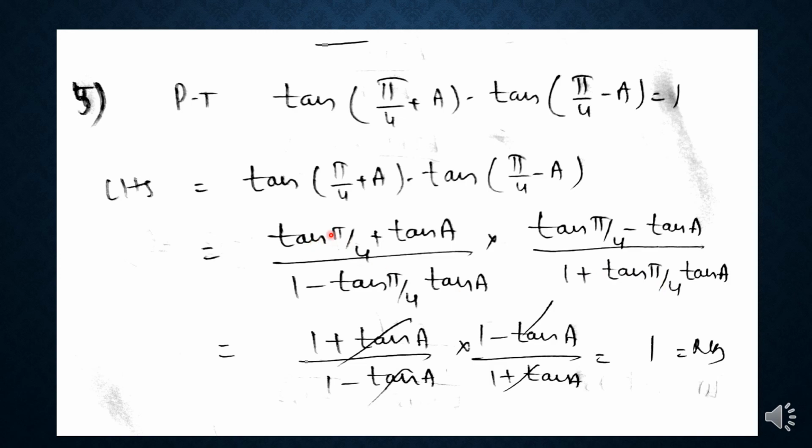What is the value of tan pi by 4? That is 1. 1 plus tan a by 1 minus tan a into 1 minus tan a by 1 plus tan a. So 1 plus tan a and 1 plus tan a get cancelled, 1 minus tan a and 1 minus tan a get cancelled, that is equal to 1.